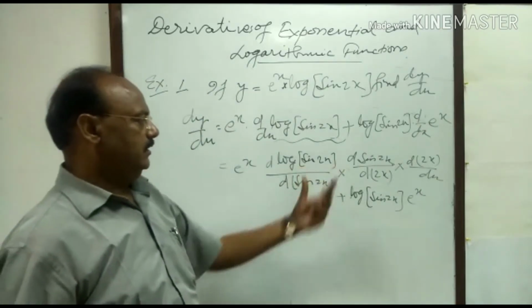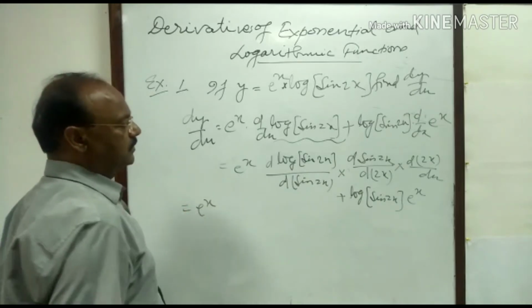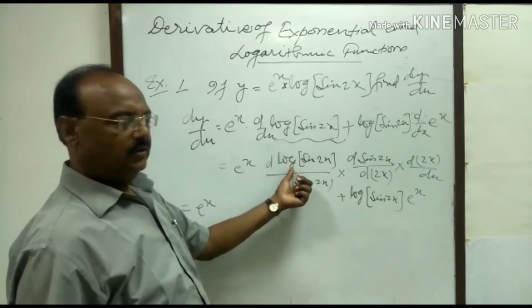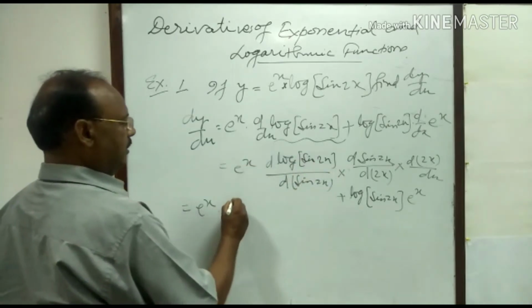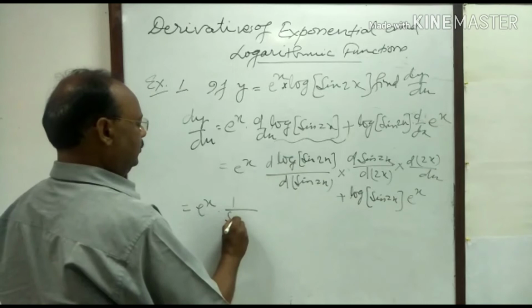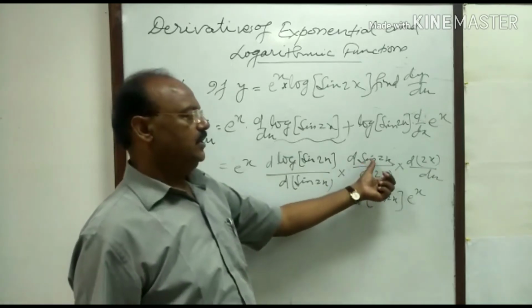Now let us simplify it. So this is equal to e to the power x, logarithmic function, so 1 upon this much. After the derivative, we can write here 1 upon sine 2x, into the sine function.